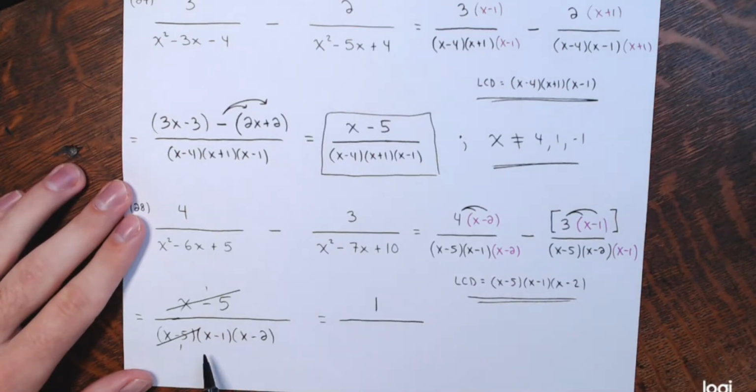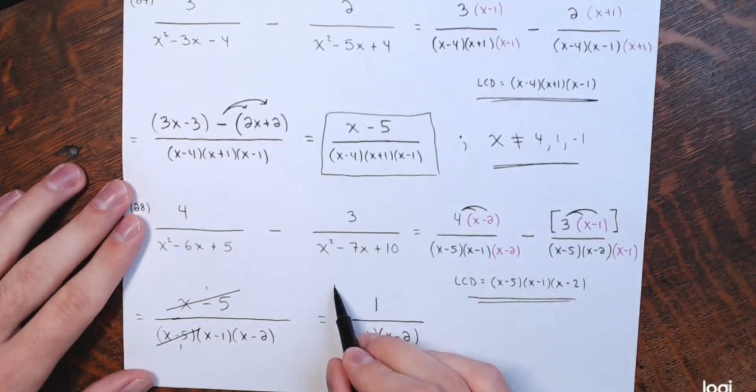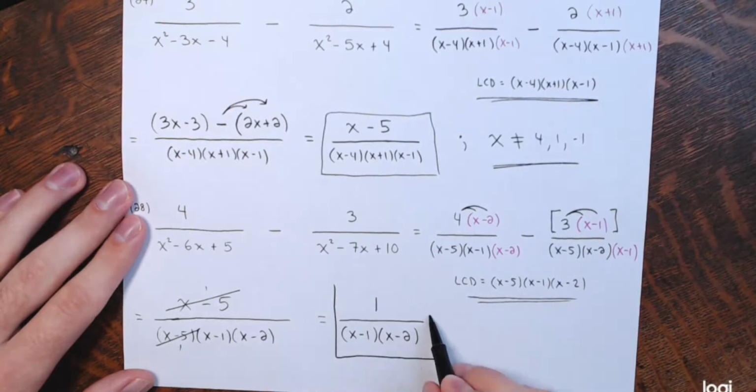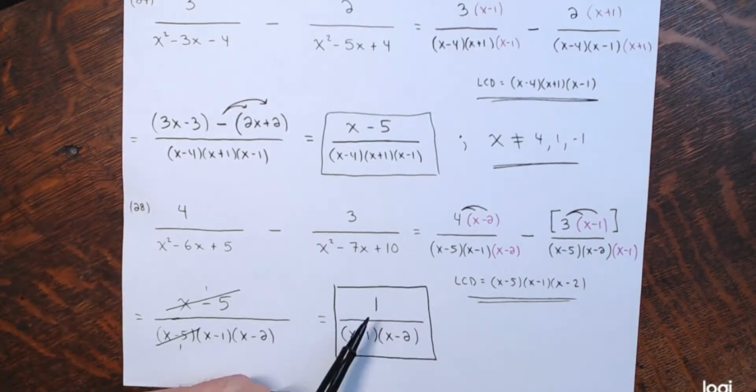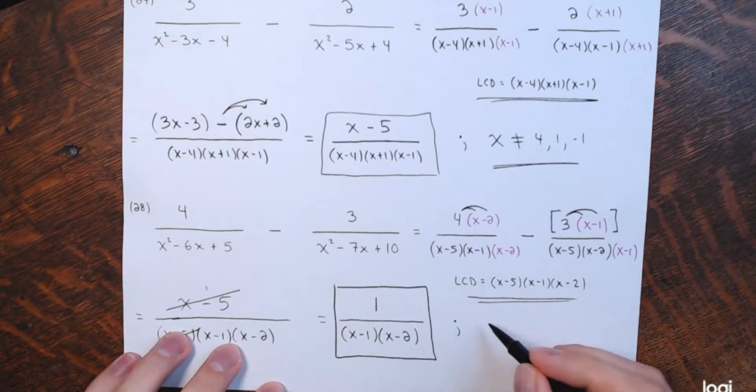And what I'm left with in the denominator are the factors of x minus 1 times x minus 2. If you want to multiply that out, make it x squared minus 3x plus 2, that's fine, but this is totally fine right here, keeping things factored. So 1 divided by x minus 1 times x minus 2 is the final simplified fraction.